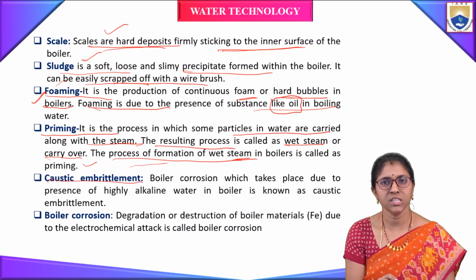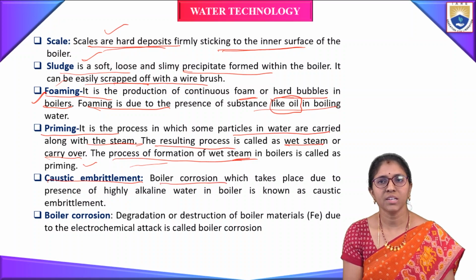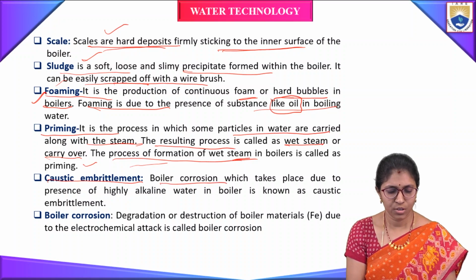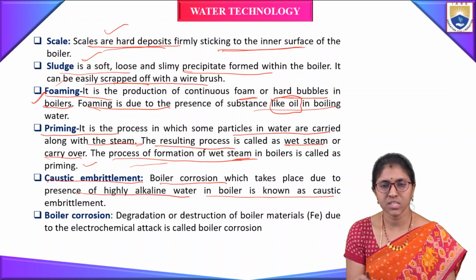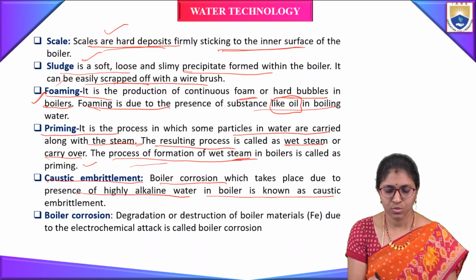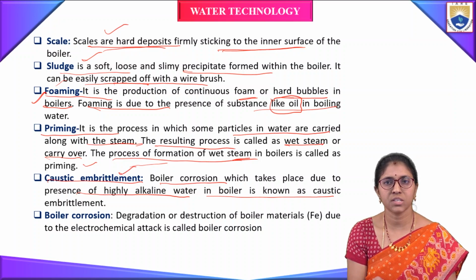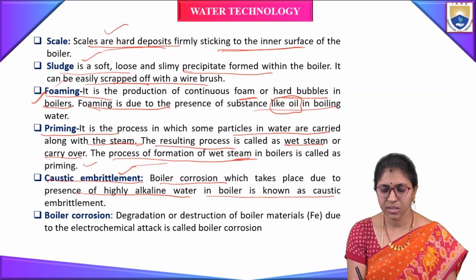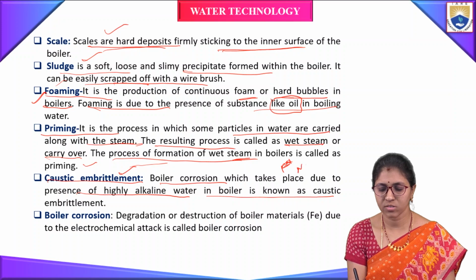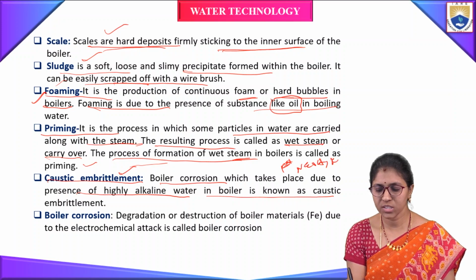So what is caustic embrittlement? Boiler corrosion which takes place due to the presence of highly alkaline water in the boiler is known as caustic embrittlement. This is boiler corrosion which takes place due to alkaline impurities, like basic impurities with pH more than 7, such as sodium hydroxide and KOH.